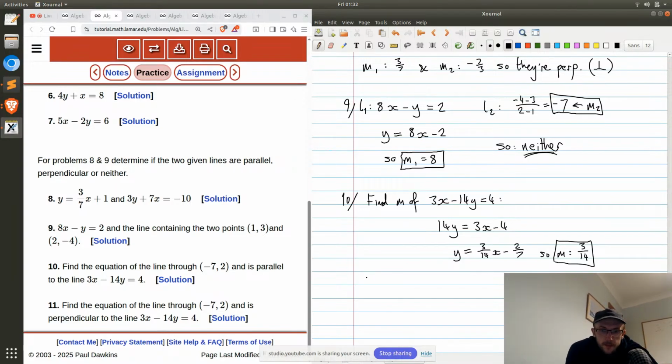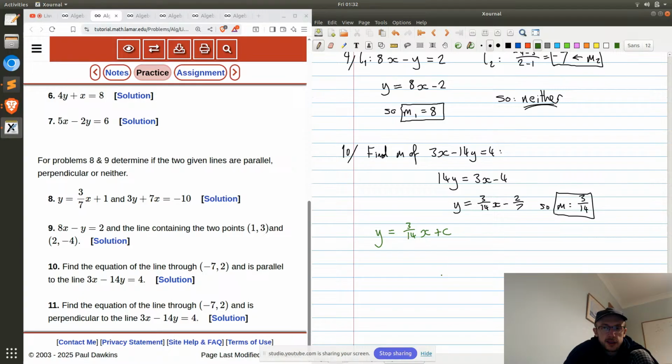So the candidate line, we know we'll have this form. But what we need to work out is the y-axis intercept. And so what we do is we just plug in -7 and 2. So 2 right there, and -7 right there where x is, and then plus c.